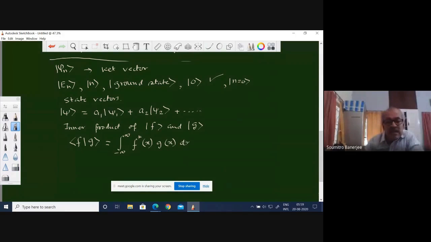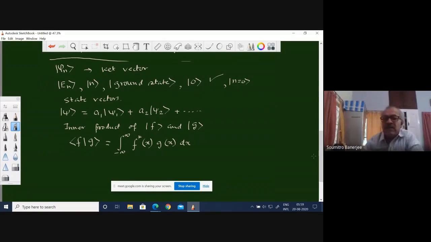So whatever was the overlap integral between f and g is the same as the inner product of the two vectors. This is a shorthand, compact notation for this integral. And you will see this has a lot of advantages, because now we will be able to manipulate these kinds of things to ultimately avoid doing integration at every stage. But yes, ultimately, when we have to compute this, we'll have to integrate. That's fine.